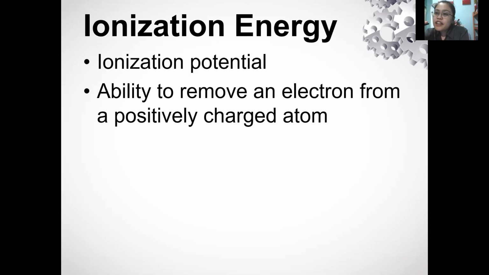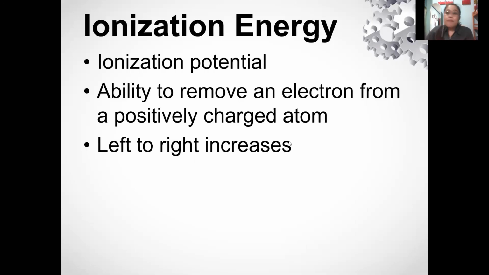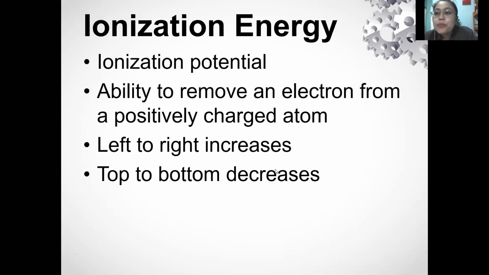Itong ionization energy, ito talaga yung magre-remove ng electrons from other atoms, especially yung mga positively charged atoms natin, or simply we call them cations. Yun yung pinagkaiba nila. Pero yung periodic trend nila is pareho lang. From left to right, nag-i-increase yung ionization potential or energy, and from top to bottom, nagde-decrease din siya.